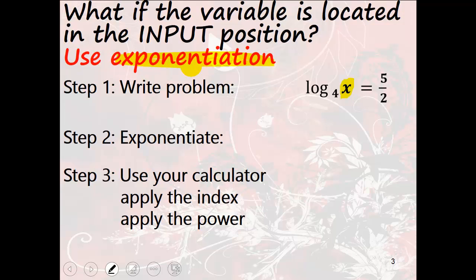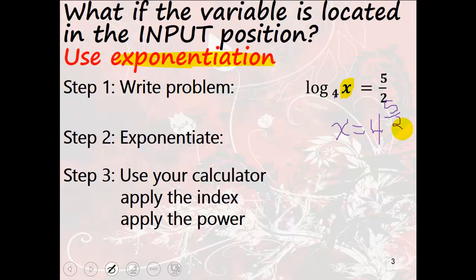Use exponentiation. So now we're going to write that our input, x, is going to equal our base raised to our power. Now this is really just a calculator issue now that you've got it set up in the right form. I want to encourage you to take the index, apply the index first, and then apply the power.